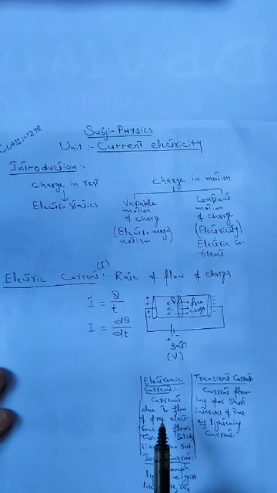So electronic current is the current which flows through solids due to electrons. Next is ionic current, like in sulfuric acid, where current takes place by ions, H2 positive, SO4 negative, and others. Ionic current is that current which flows through gases or liquids.